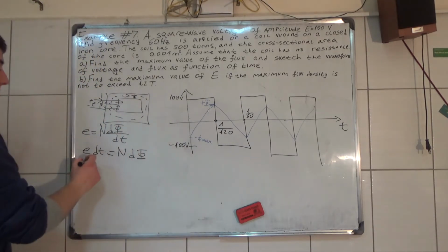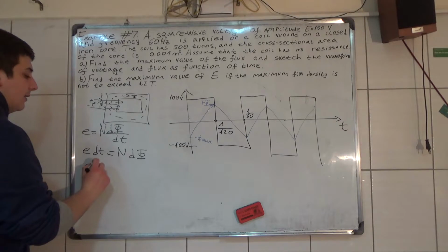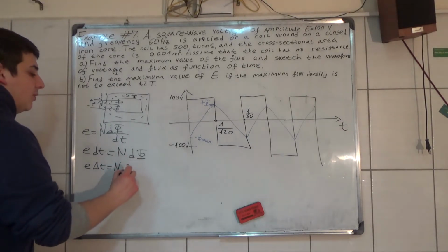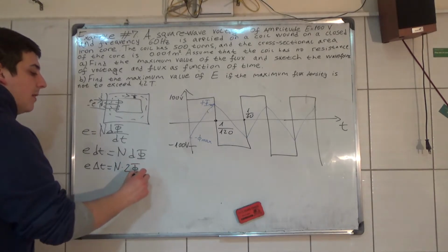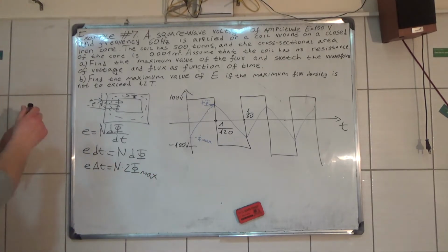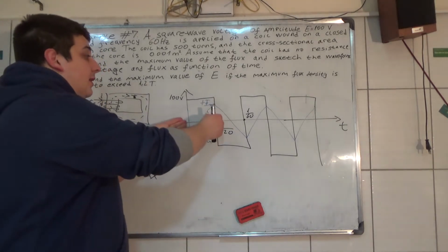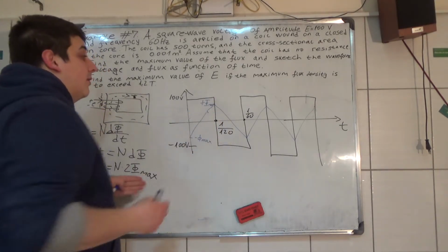So we are going to say that E delta T is equal to N times 2 flux maximum. Now we are measuring not vectors but scalars in this half period.